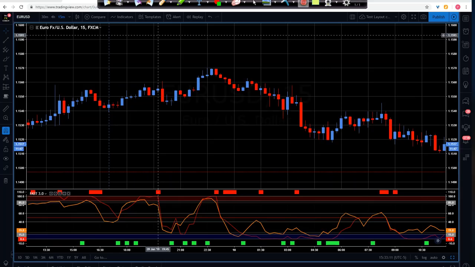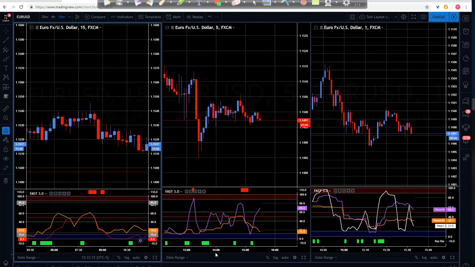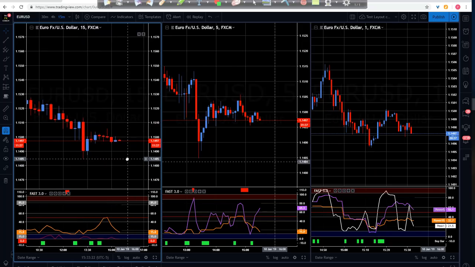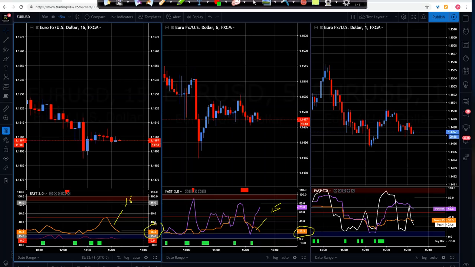Now, what does that mean when I drop down to a 5-minute chart? When I drop down to a 5-minute chart, you'll notice that the multiple time frame nature of fast is working just fine. The 15-minute plot here and the 15-minute plot here in real time both measure the same thing, 16.3, 16.3.